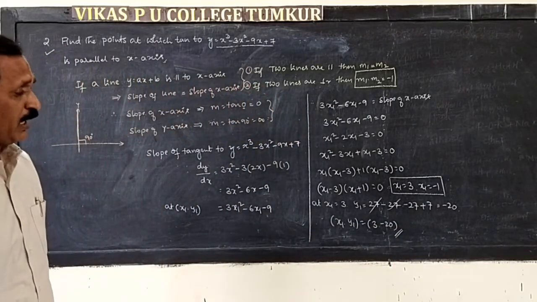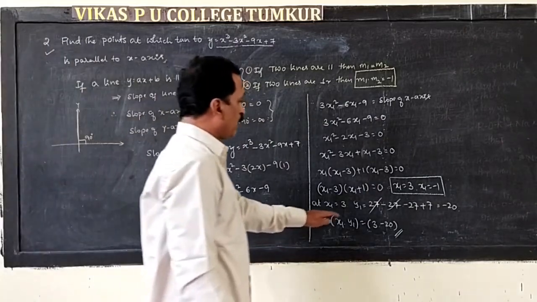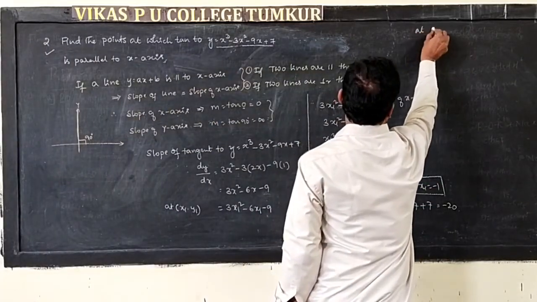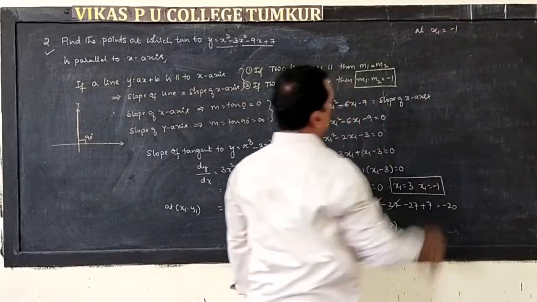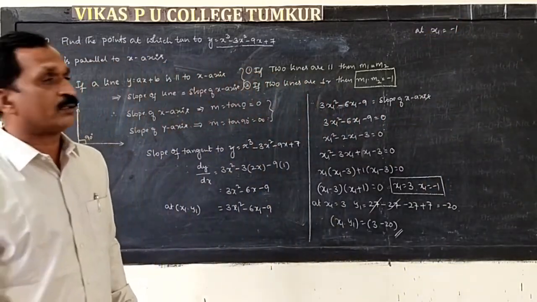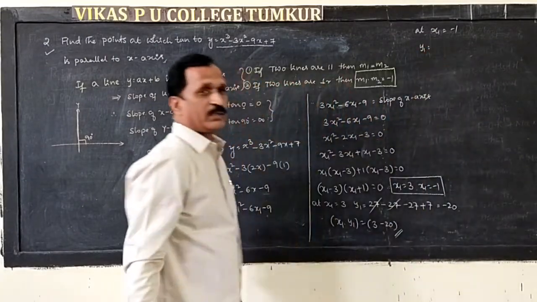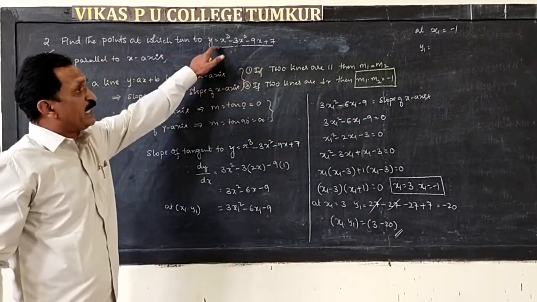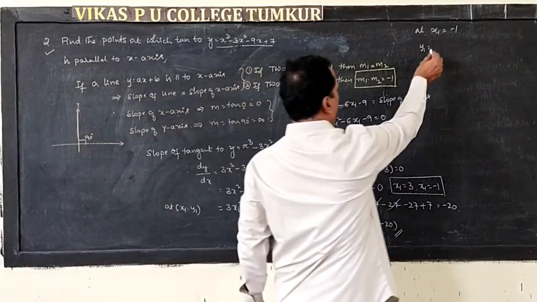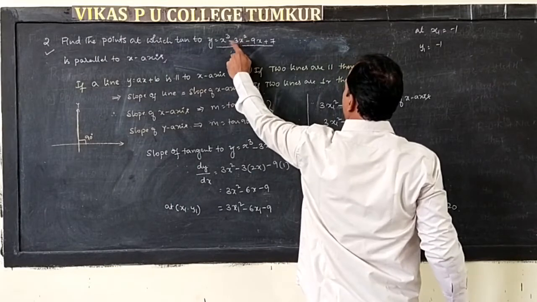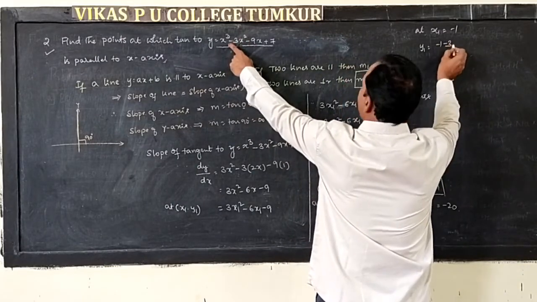Okay, shall I take one more? Another point at x1 is equal to minus 1. At x1 is equal to minus 1, what will happen to y1? y1 is equal to, minus 1 whole cube is minus 1. Minus 1 whole square is plus 1, plus into minus, minus 3.